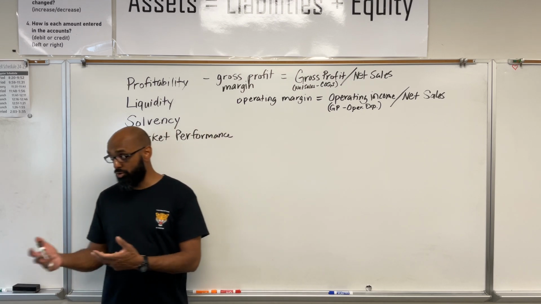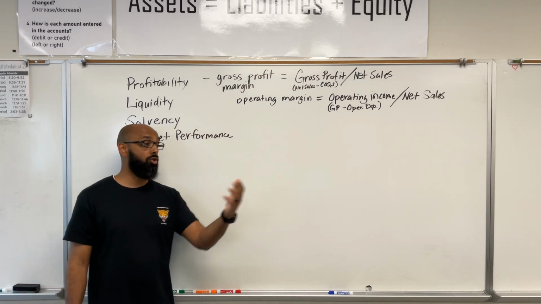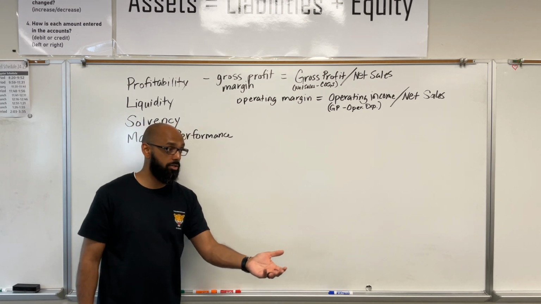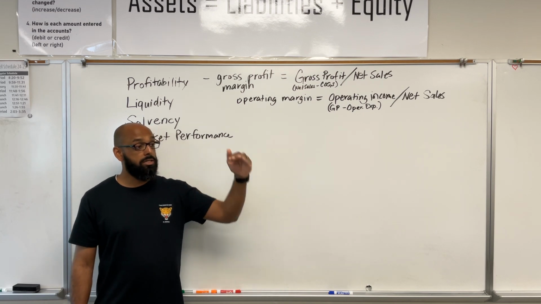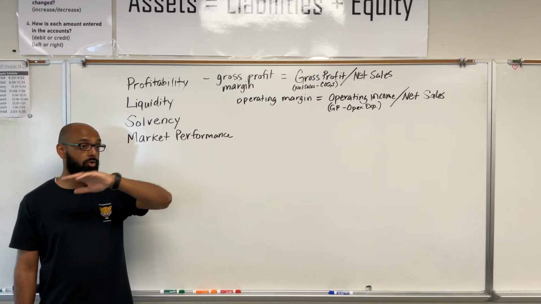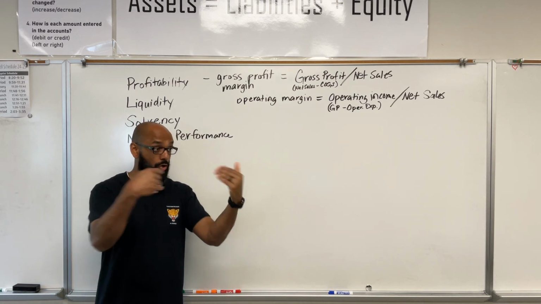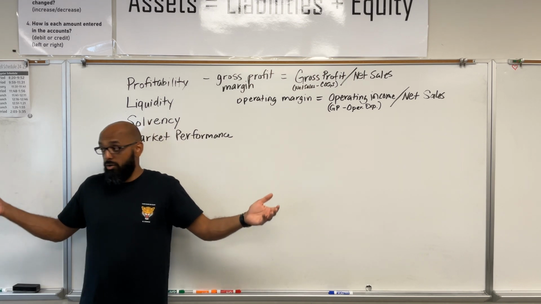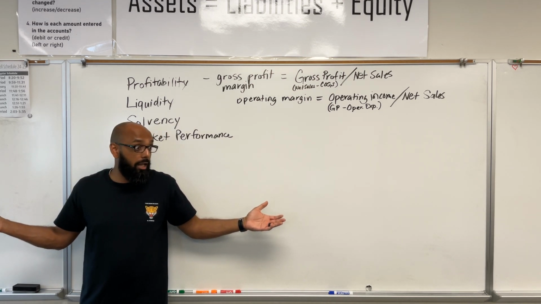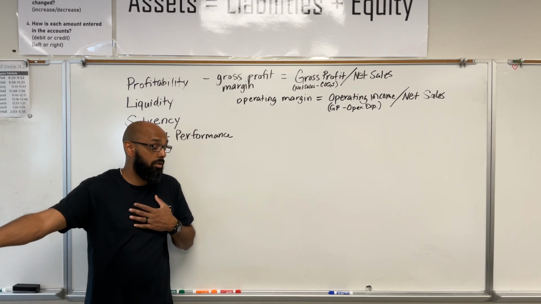You can get closer to the industry standard, or you could just compare it against your own company's historical standards or data. Is your gross margin staying relatively the same from year to year, or is it rising and falling? And if it is, then what's going on? Or is your price increasing? If your price is increasing because of tariffs or something like that, are you increasing the prices that you're selling to consumers for?